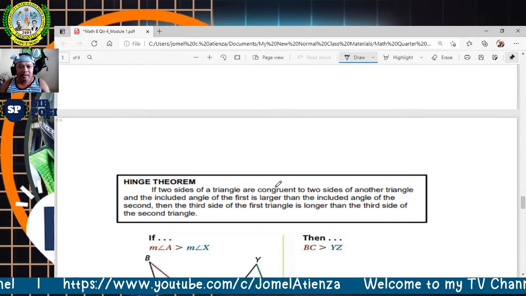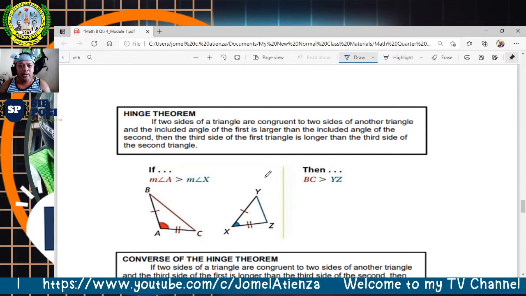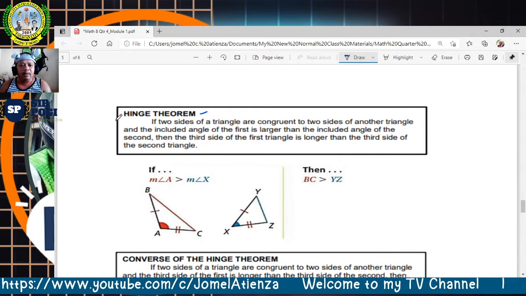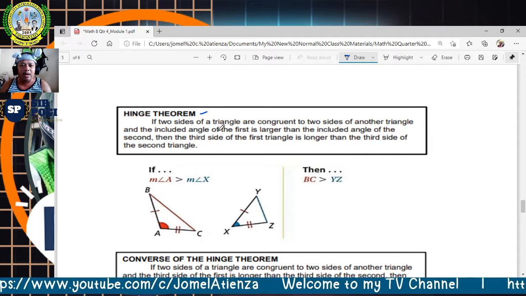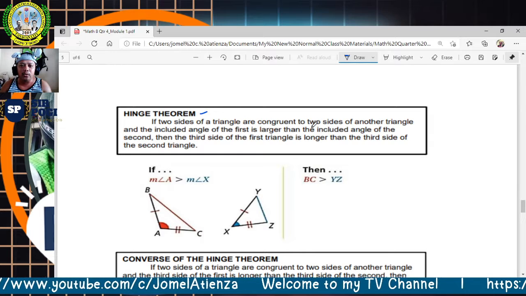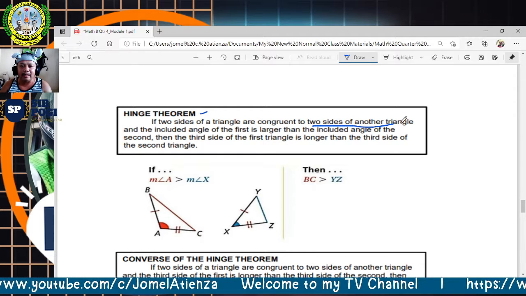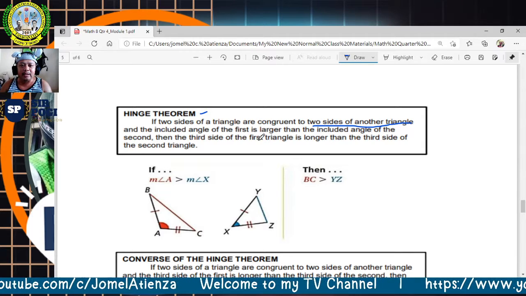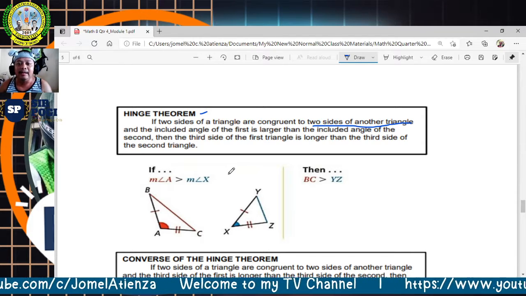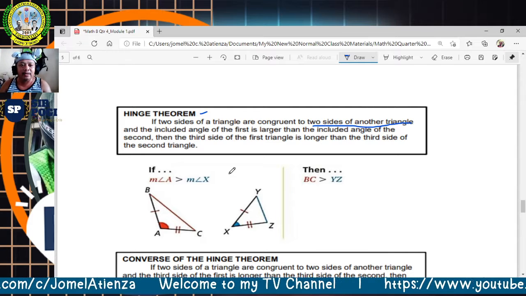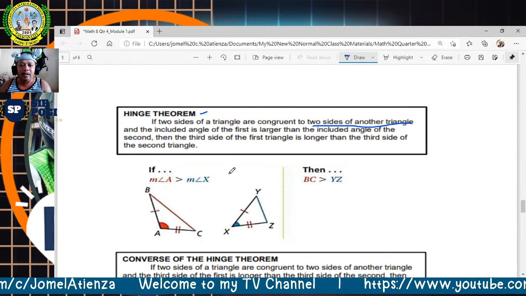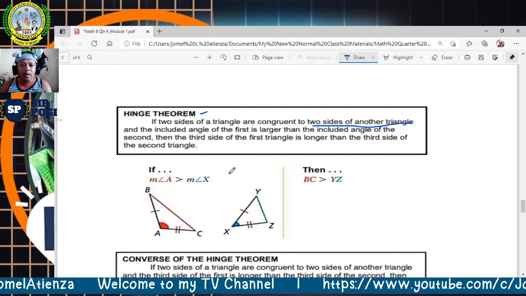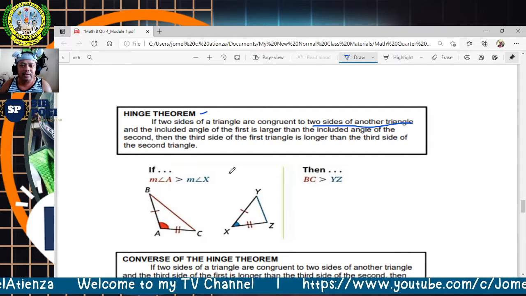Okay? Let us now proceed to the hinge theorem. What is the hinge theorem? The hinge theorem says that if two sides of a triangle are congruent to two sides of another triangle, and the included angle of the first is larger than the included angle of the second, then the third side of the first triangle is longer than the third side of the second triangle.